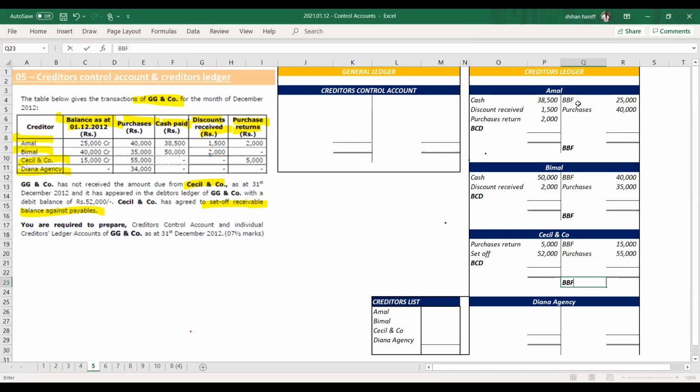So you have to record the set off balance in Cecil's account. Diana agency opening balance is nil. Purchases 34,000. There's no payment or any other transactions.